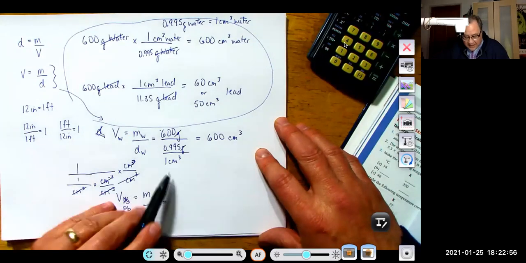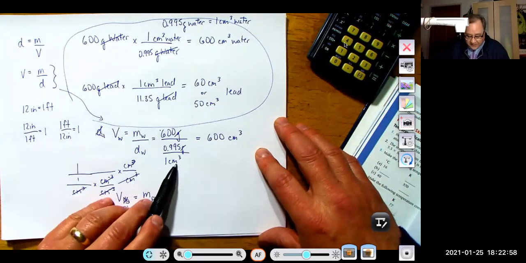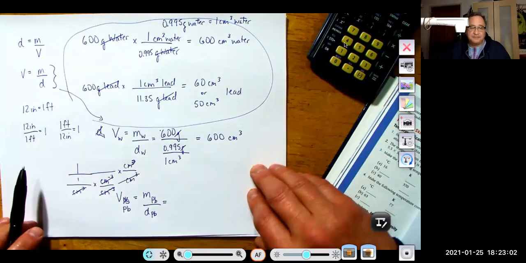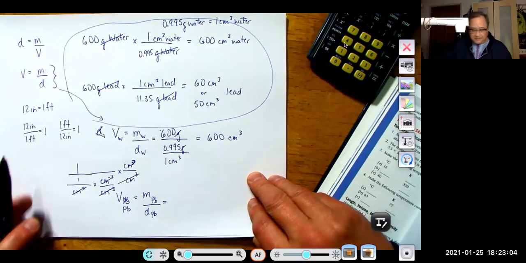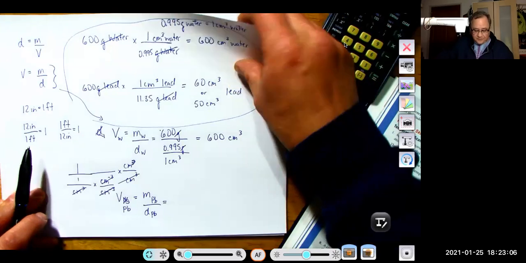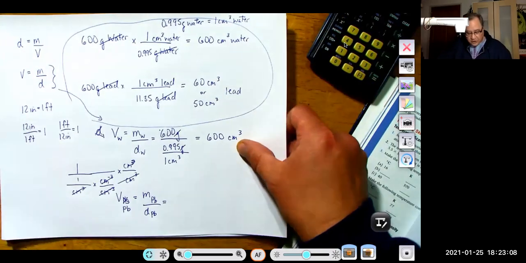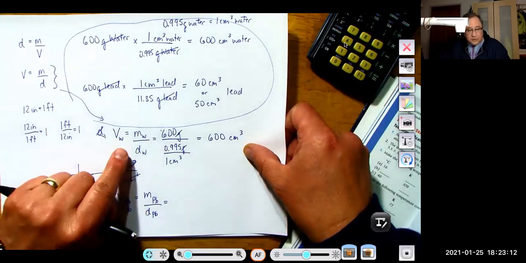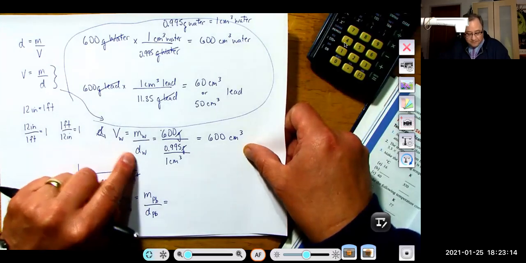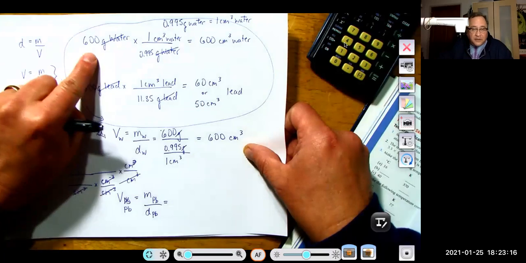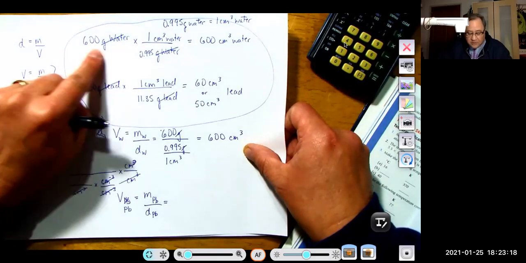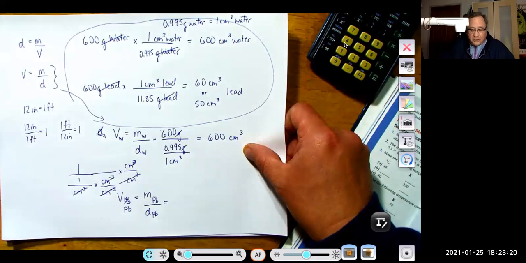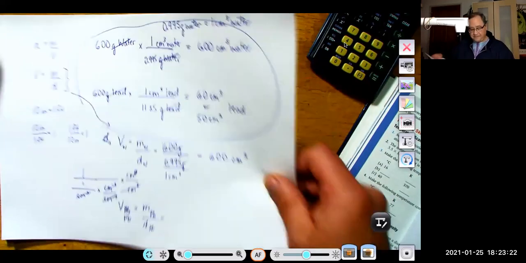This way, I kind of have to justify to myself why the centimeters cubed ends up here as centimeters cubed. All right, so either way works. As long as you're showing your units, showing your work, that should be okay. Here, if you're going to use this method, you want to use this formula and show it. Here, we're not really using a formula, so we're just using what's called dimensional analysis, so there's no formula to show. Okay, so there's that one.